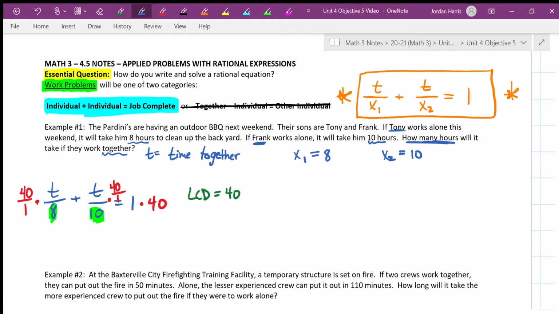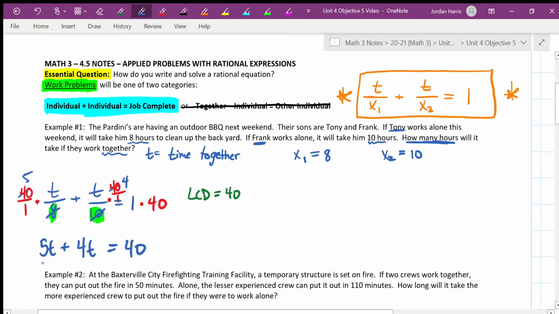So we look, 8 and 40 on the first one simplifies, so I'm left with 5 times t, plus the 10 and the 40 simplify, so I'm left with 4 times t, and the 1 times 40 is 40. So we combine our like terms. 5t plus 4t is 9t, and then we divide.